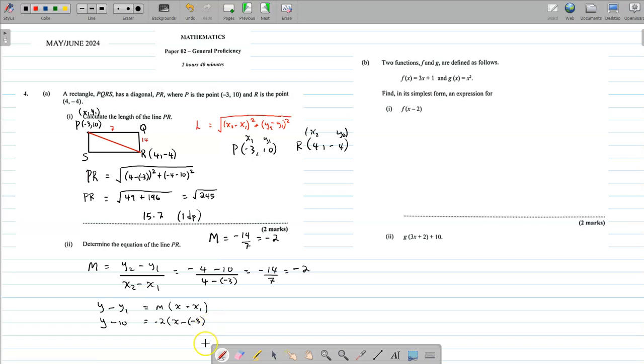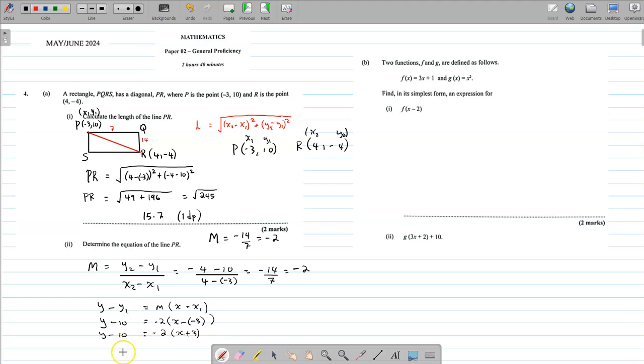It's really important to adhere to what's going on here. So what we have is minus 2 into x plus 3, equals y minus 10.